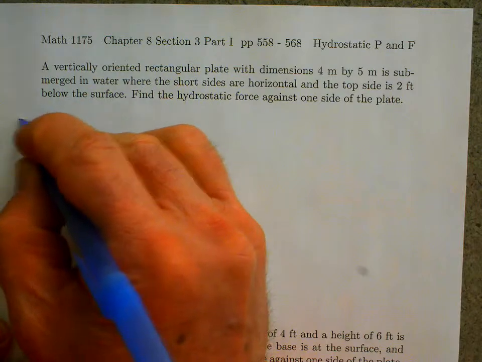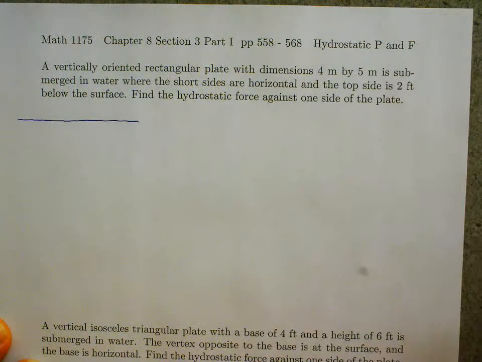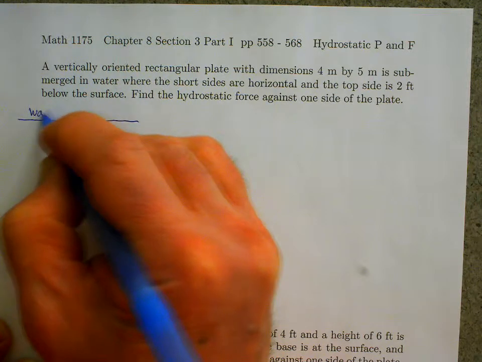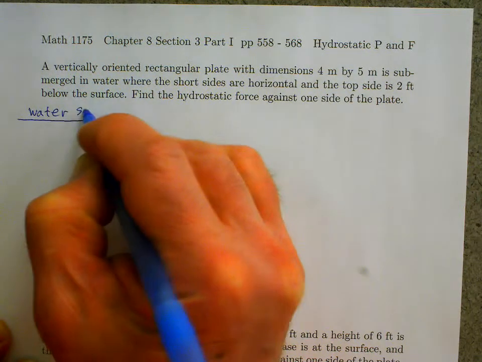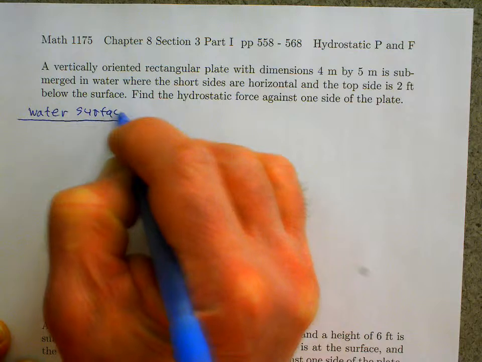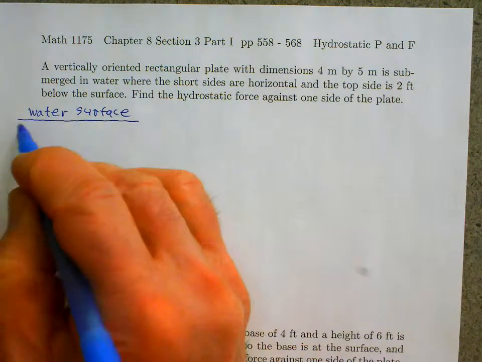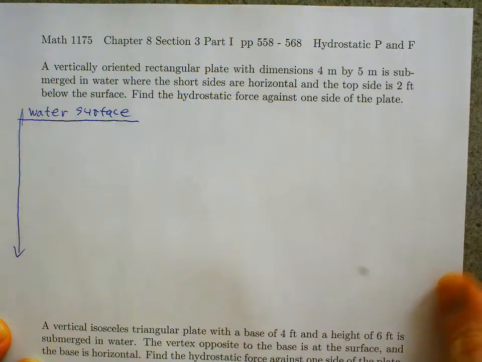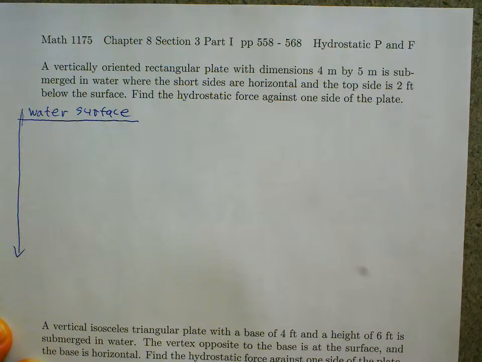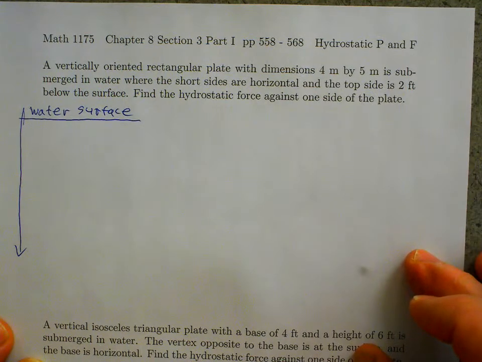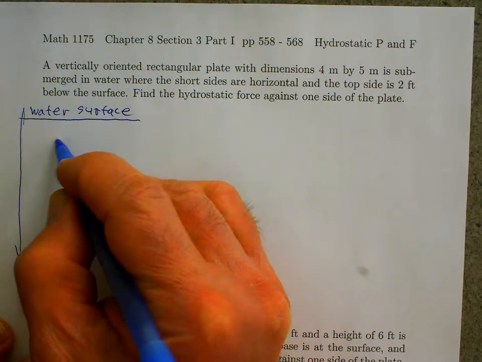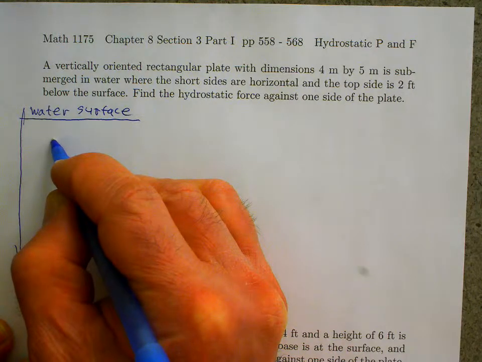Okay, so suppose this is the surface of the water. And then we're orienting positive numbers downward for depth. So we have a vertically oriented rectangular plate.